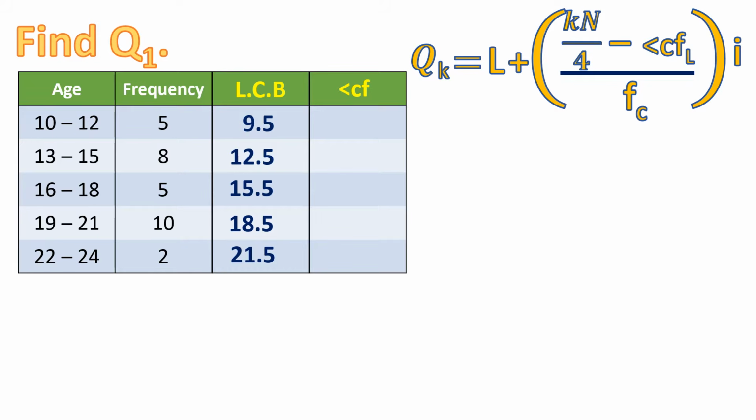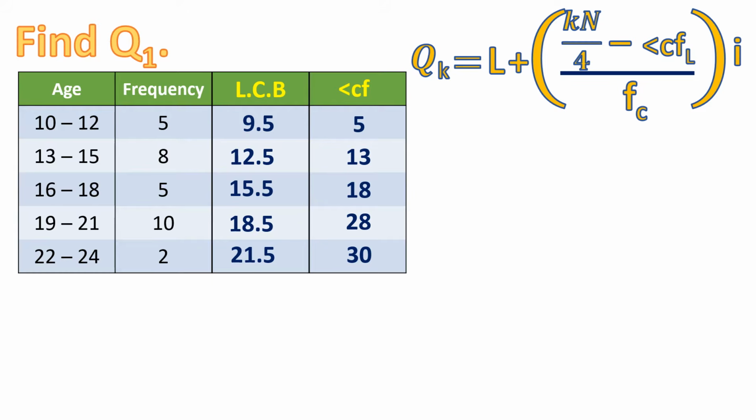So how to do it? Copy the first frequency from the smallest group, 10 to 12. Copy it and then add with the next frequency. 5 plus 8, 13. 13 plus 5, 18. 18 plus 10, 28. 28 plus 2 is 30.